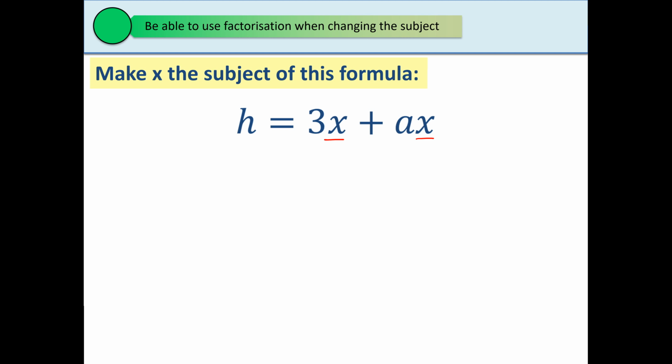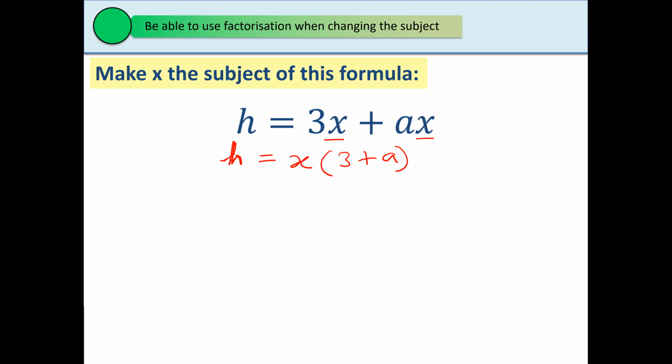So let's factorize the right hand side. I cannot just get rid of a or 3 by itself because they are multiplying by x. So the only way to get rid of a is factorising. So h is equal to, factorising the expression on the right, x is in common, x outside the bracket, and we have 3 plus a inside the bracket.